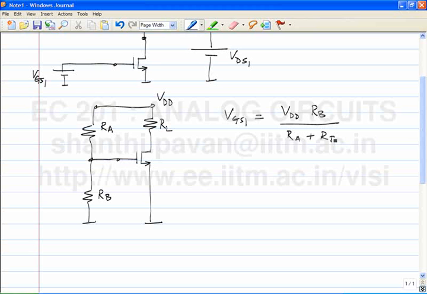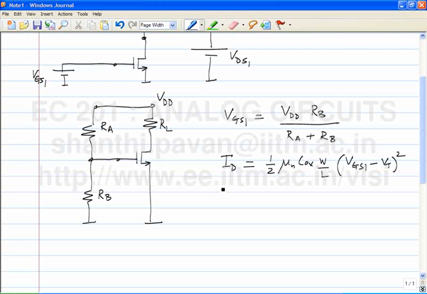Great. And just as an exercise, once you know the VGS1 you want, you can find RA and RB to within a constant, and ID is given by 1/2 mu n Cox W by L times (VGS1 minus VT) the whole squared.